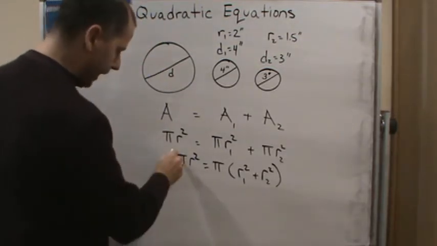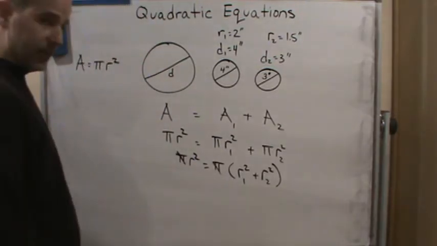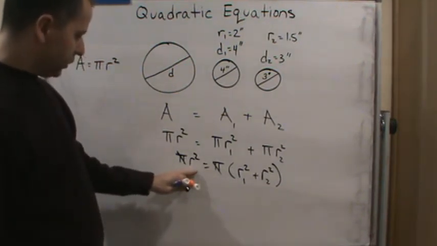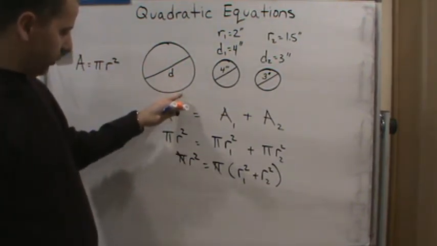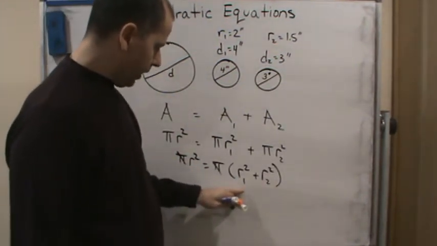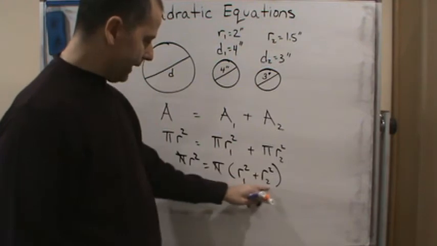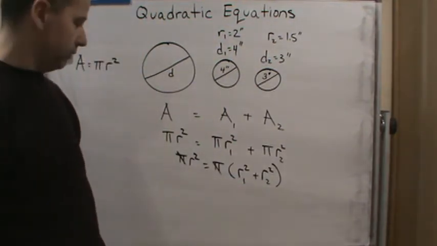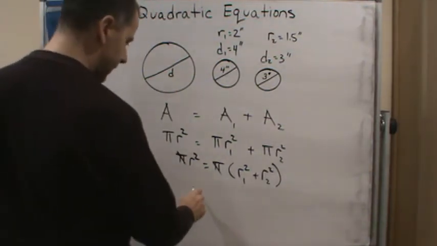Well, guess what? The pi's are going to cancel out. So look at that. The radius squared of the one main, the larger main, is equal to the sum of the squared radii of the smaller mains. So we end up with this equation.